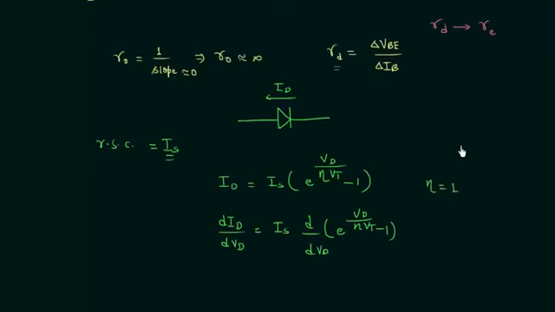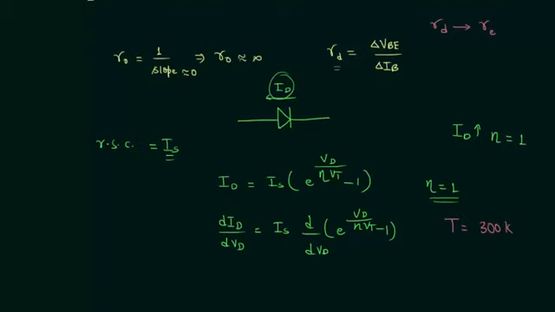Eta is equal to 1 for germanium and eta is equal to 2 for silicon in case of low diode current, but when diode current is high, eta is equal to 1. So eta is equal to 1, and let's say we are performing this calculation at room temperature. So temperature is equal to 300 Kelvin.